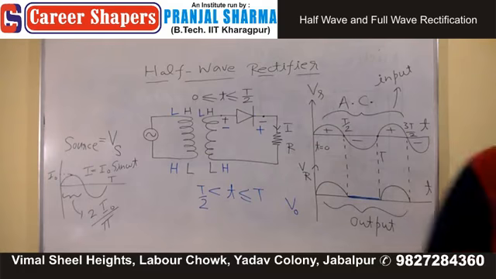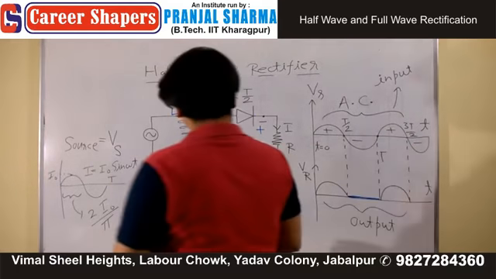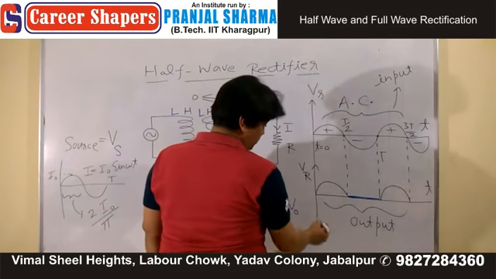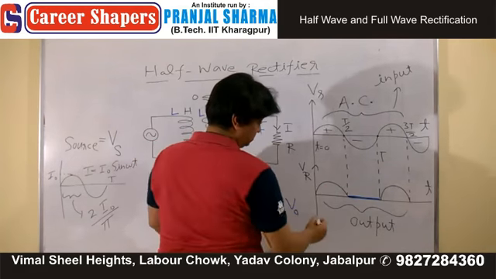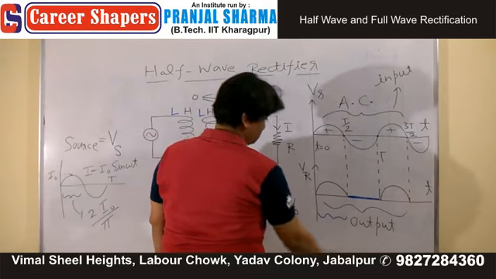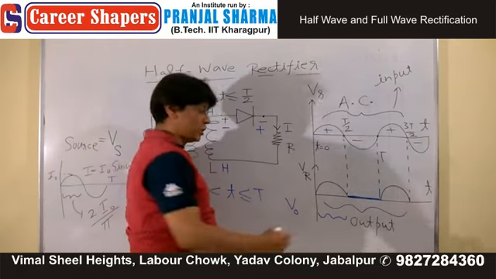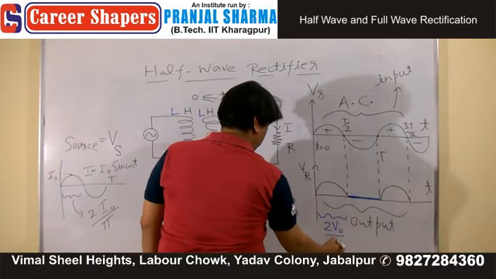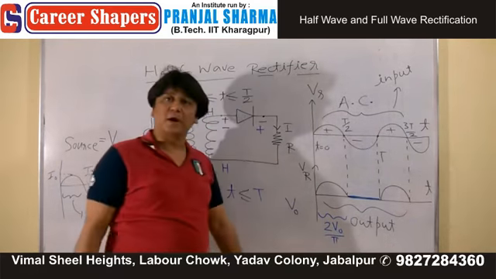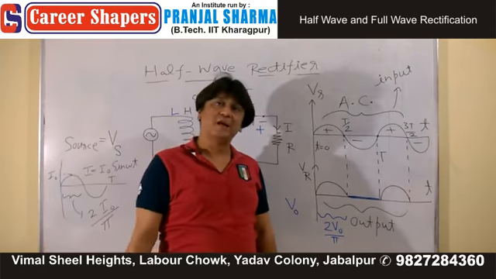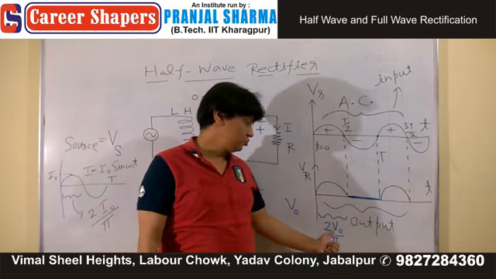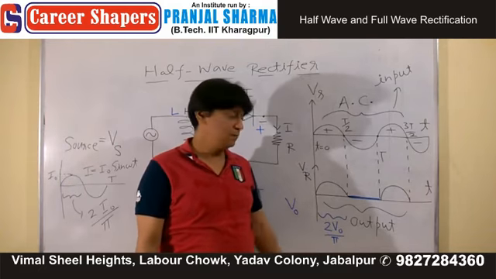Good, that's what the answer is. For this much portion, your average is 2 V naught upon pi. If they ask you what is average for half, then answer is 2 V naught upon pi.